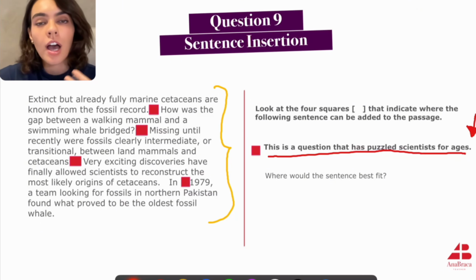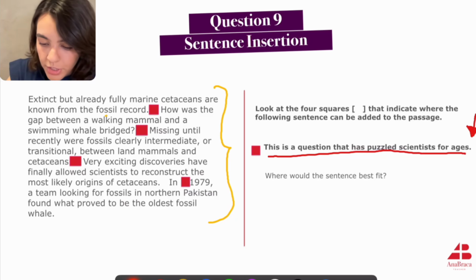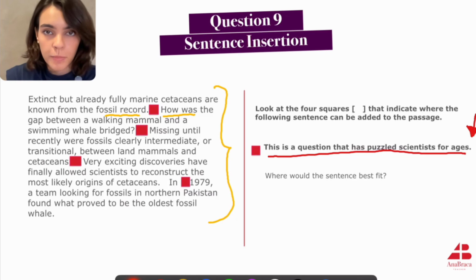A tip on how to do this is always reading the beginning and the ending of the sentences. So always read what comes here and what comes here to see where it fits better. So let's read all of it and see which one is the best place to put it.